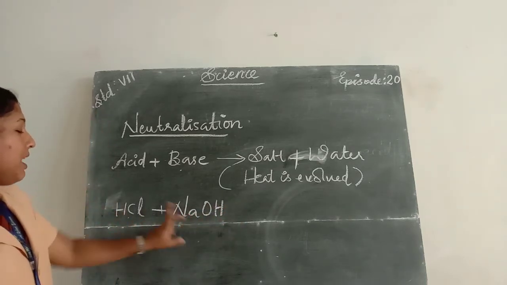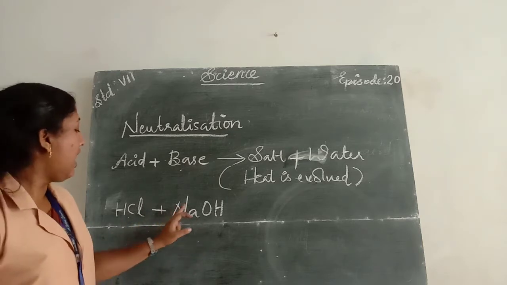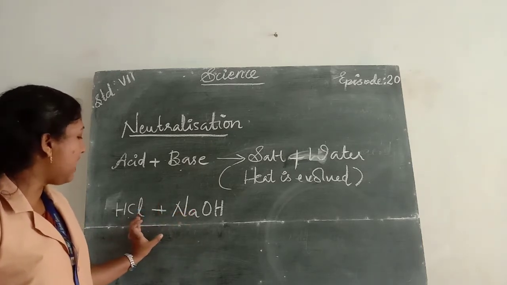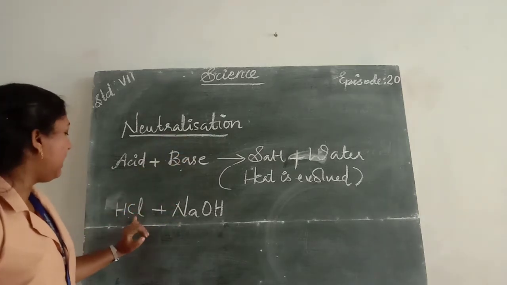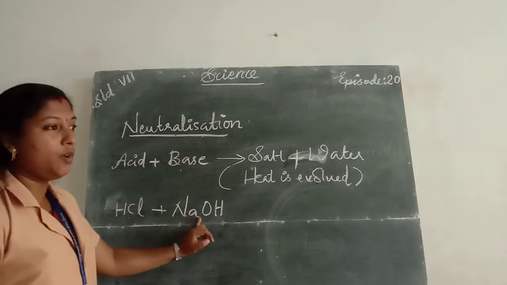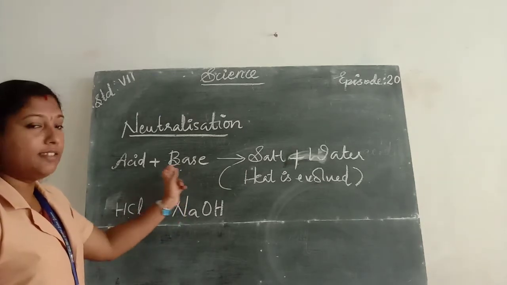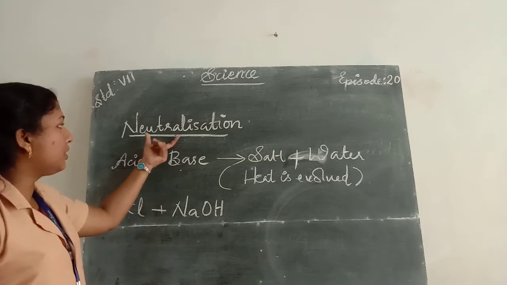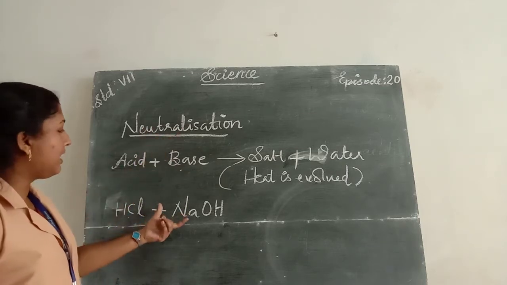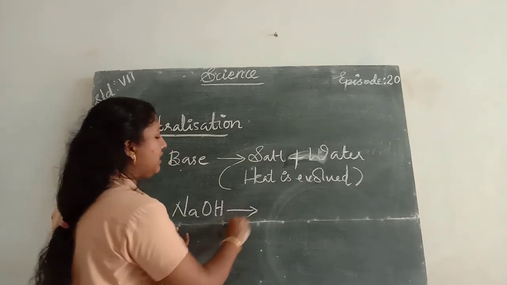The reaction between acid and base is known as neutralization. Here we take hydrochloric acid and NaOH. Hydrochloric acid is an acid and NaOH is a base. These two combine in a reaction called neutralization, which gives salt and water.